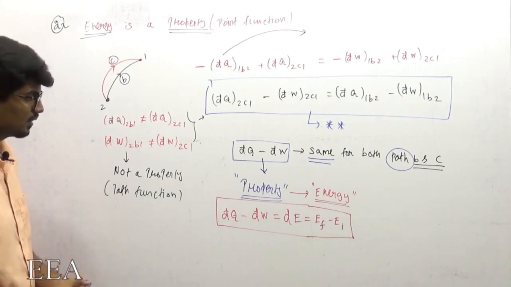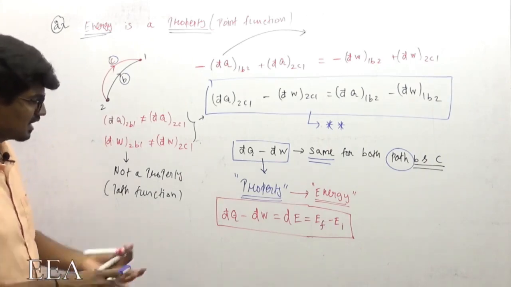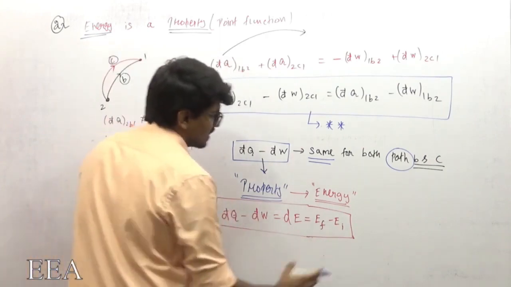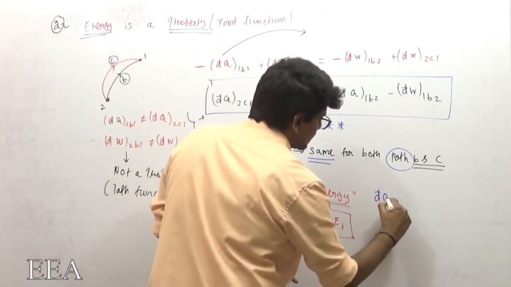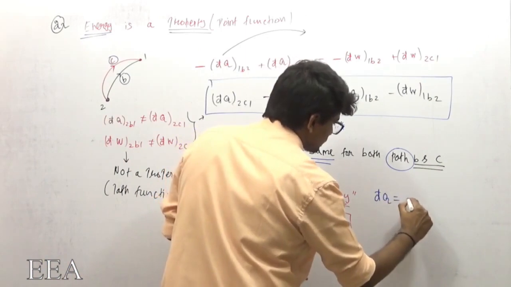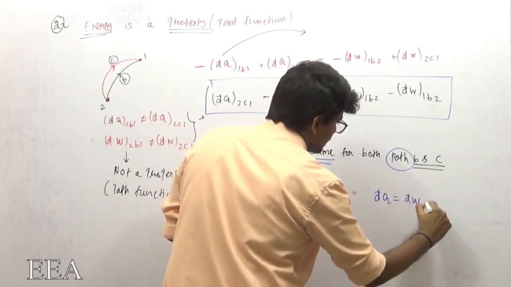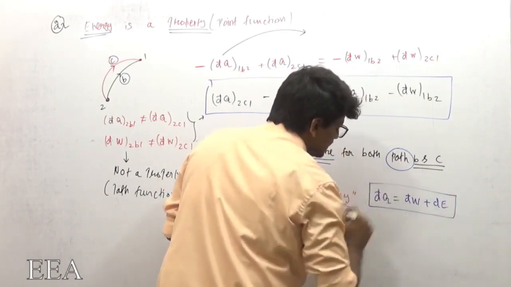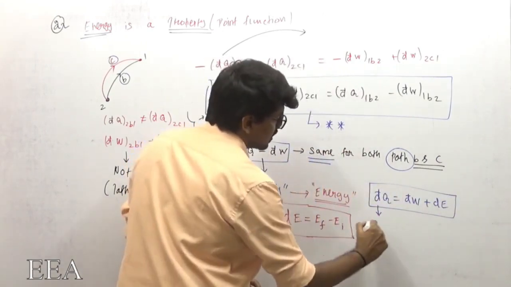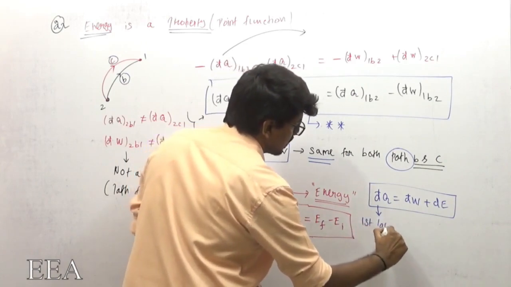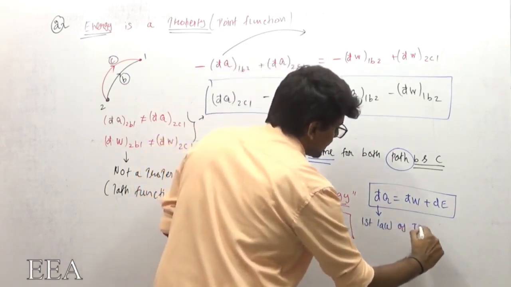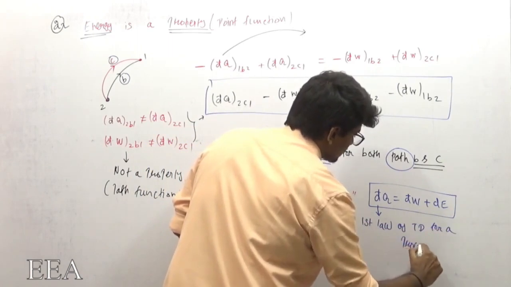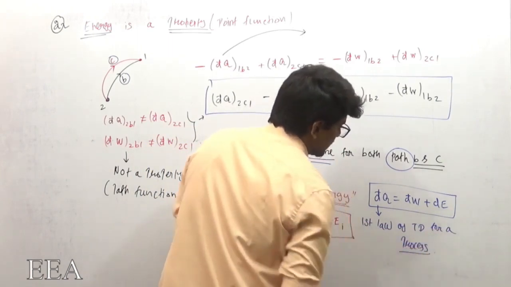Now this equation can be modified. I will take d'w to that side, so d'q is equal to d'w plus dE. This is the first law of thermodynamics for a process.